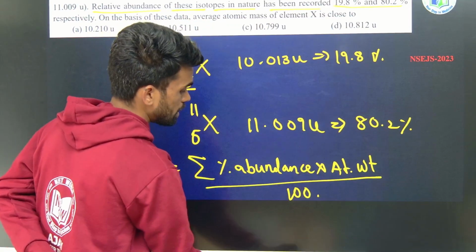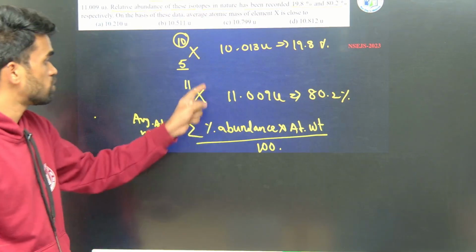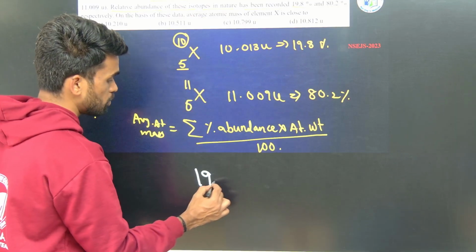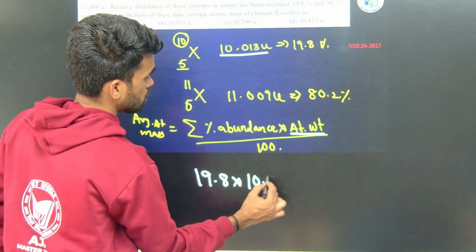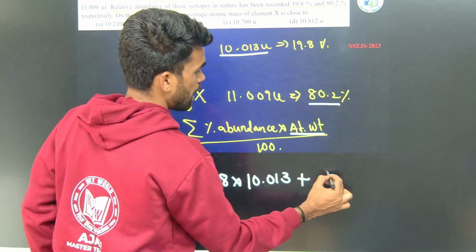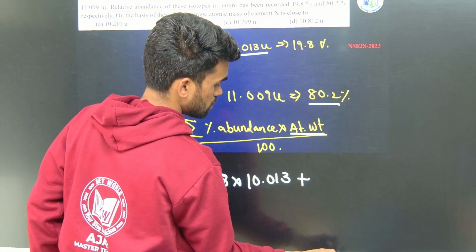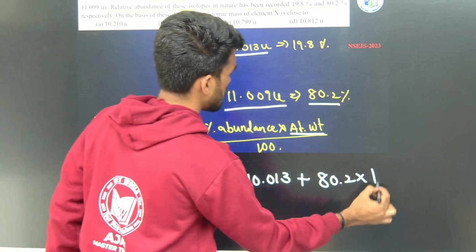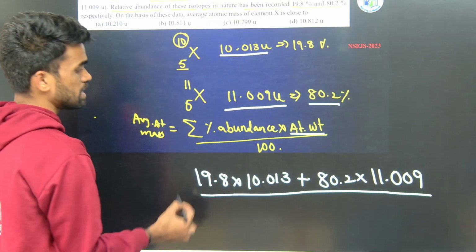So for example here, two isotopes are possible. What is the percentage abundance for the first one? 19.8. So 19.8 into its atomic weight, which they mentioned as 10.013, plus the second one having 80.2% abundance, multiplied with its atomic mass as 11.009 units, and total percentage abundance will be 100.